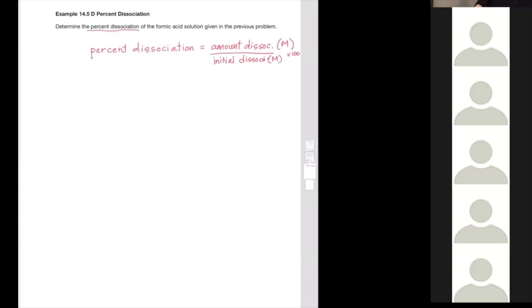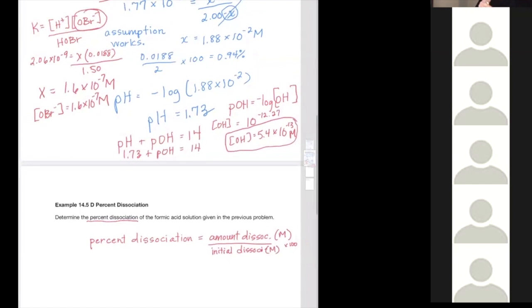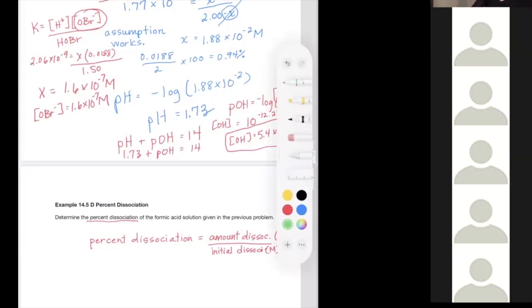So if you go back, we need the amount dissociated and the initial from the previous problem. The amount dissociated would be equal to this number here. And then the initial would be this 2 that we had of the formic acid. So that's where we get those numbers.